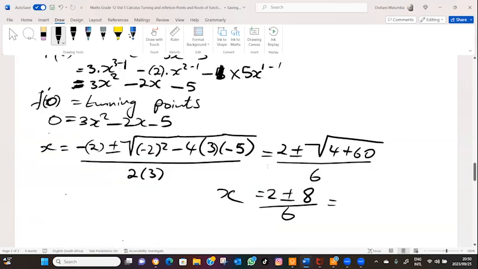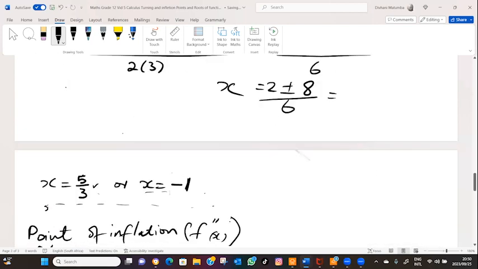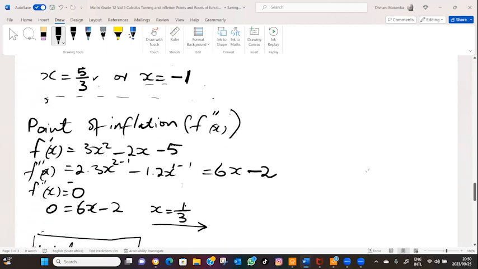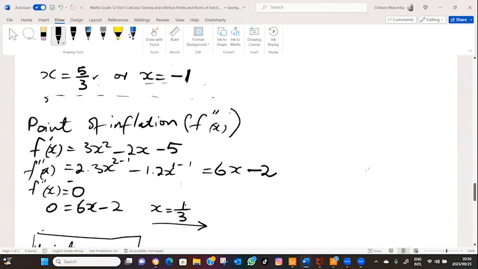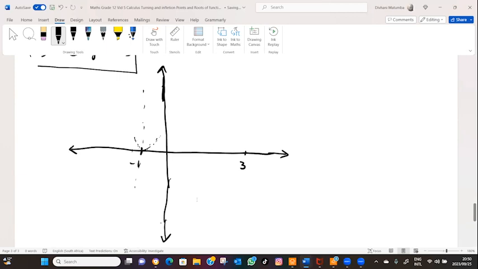Now, the turning points are at minus 1 and 5 over 3. 5 over 3 is actually 1.3333. So this is where the other turning point is.